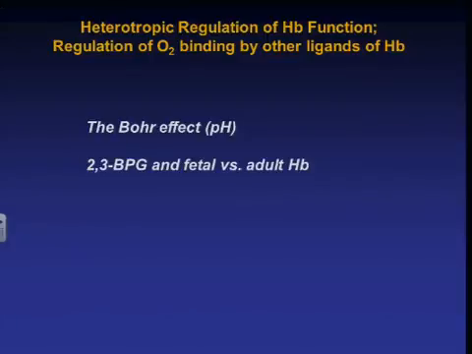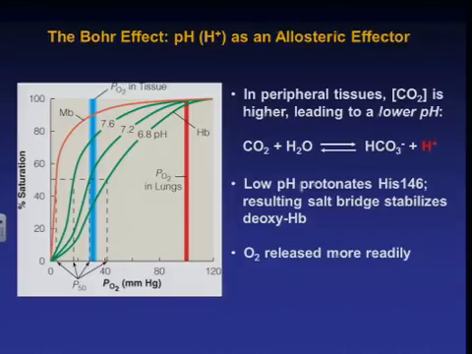So here we're going to talk about oxygen binding that's regulated by hemoglobin binding something other than oxygen. All right, so the Bohr effect is the pH effect on oxygen binding. So whether a proton is bound or not on there is going to affect it, and then BPG.